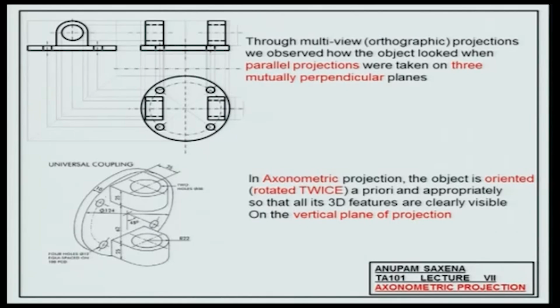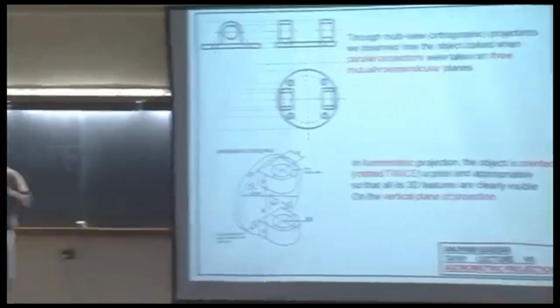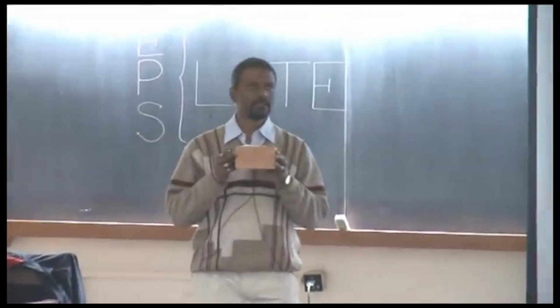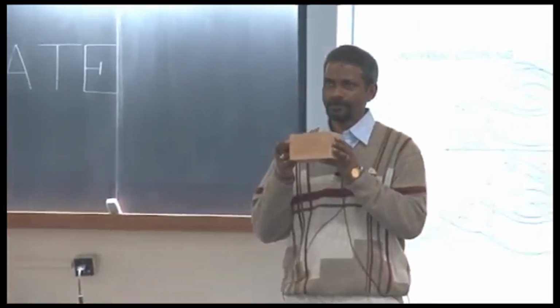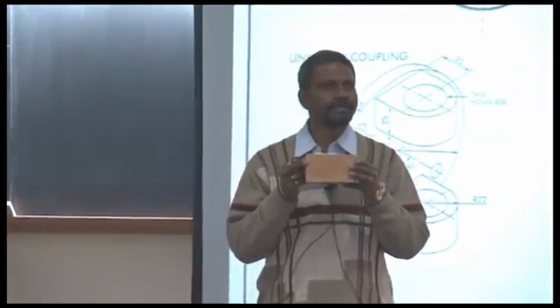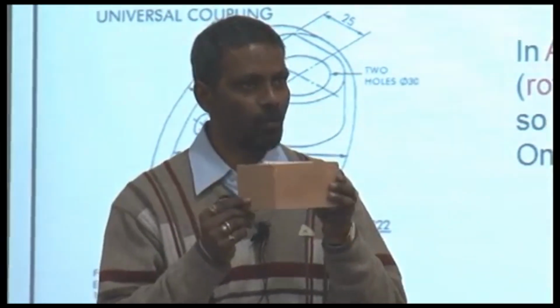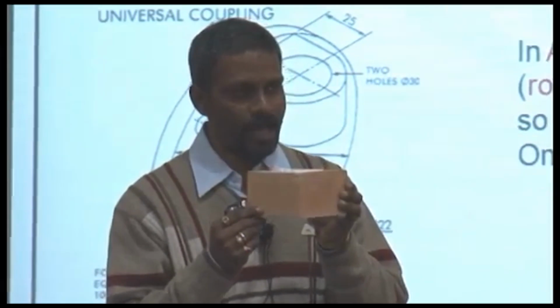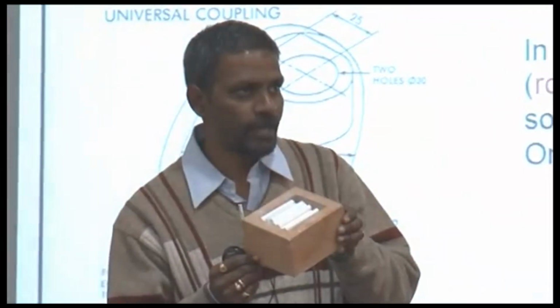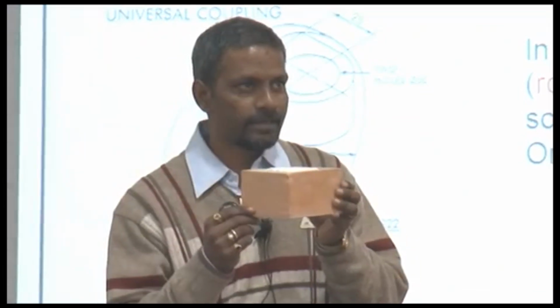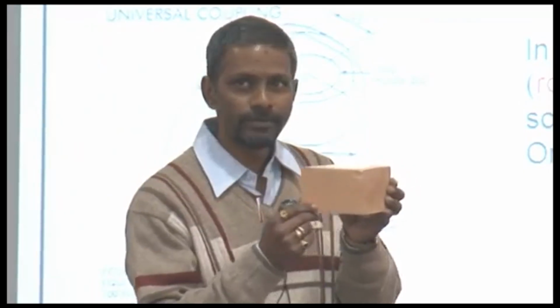Okay? An example. This is a chalk box. What do you see? A rectangle? So what I'm saying is, if I rotate this object once and rotate this object the second time, when I rotate this object once, how many planes are visible to you? 2.